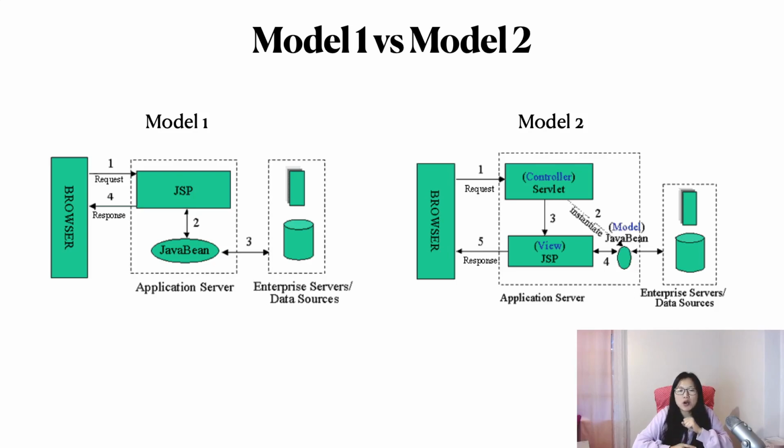This solves the problem for web designers, because when they open the JSP, what they see is HTML code. But we need to have a dynamic part, right? So the second type of element in JSP is dynamic, like scriptlet, declaration, directive, expression, and EL expression.